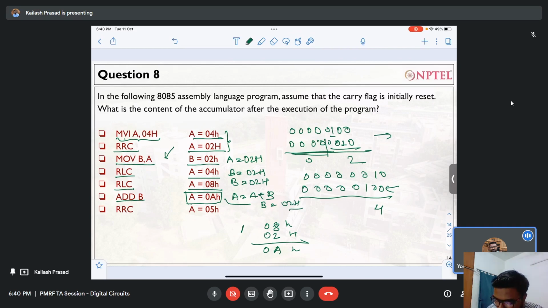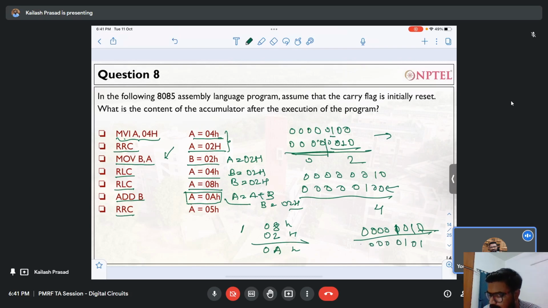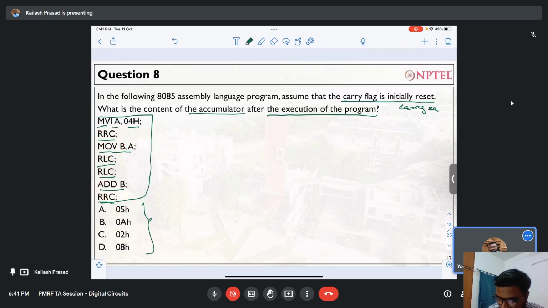Now you are doing a right shift, so 0A means 0000 1010, and when you do a right shift, the last 0 will go, so it will become 0000 0101. So it will be 05, and A will become 05. After the entire step, the final value of the accumulator has become 05. So the answer over here is 05, the answer over here is A.